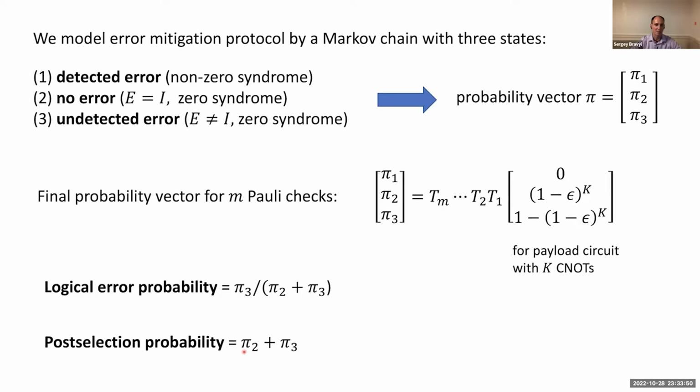And this happens if the Markov chain terminates in state 2 or state 3. So this is our post-selection probability. And logical error happens if the chain terminates in state 3, undetected error. This happens with probability p3, and we have to normalize it by the post-selection probability.